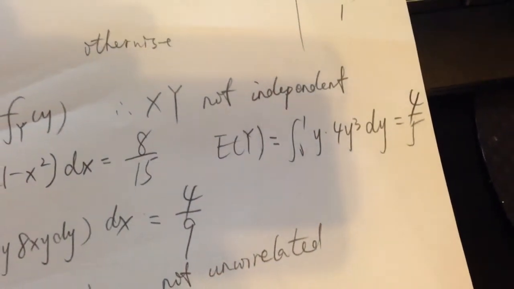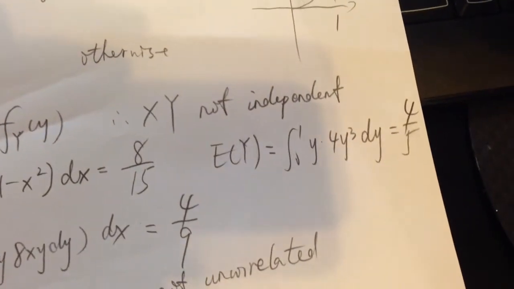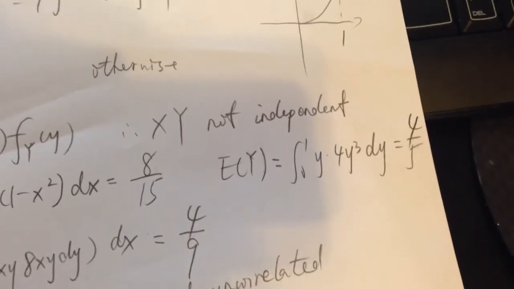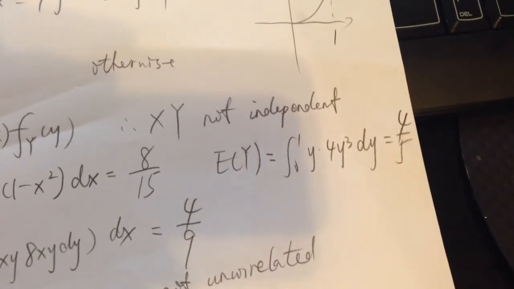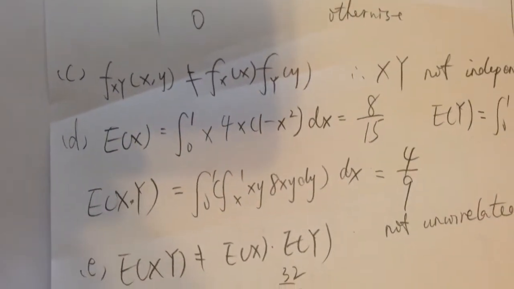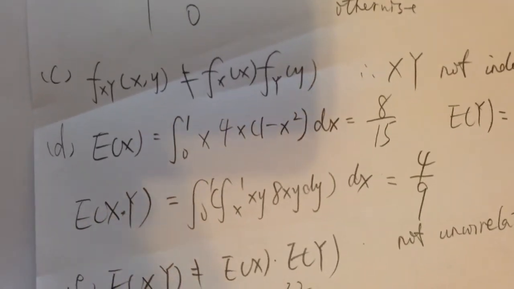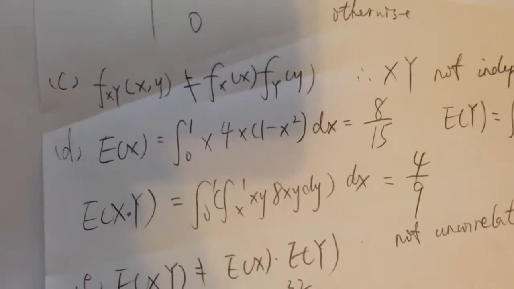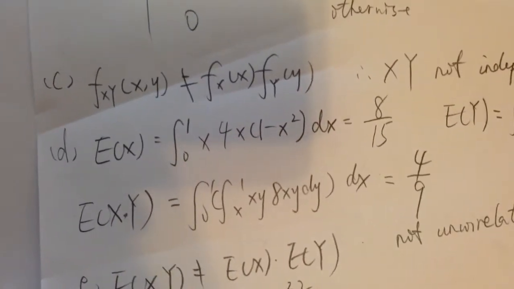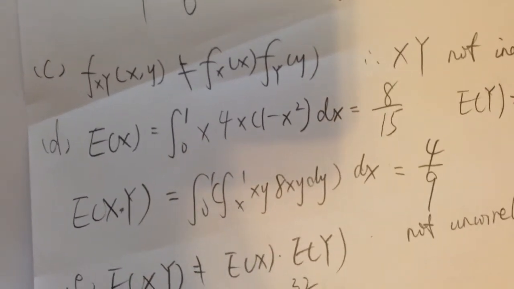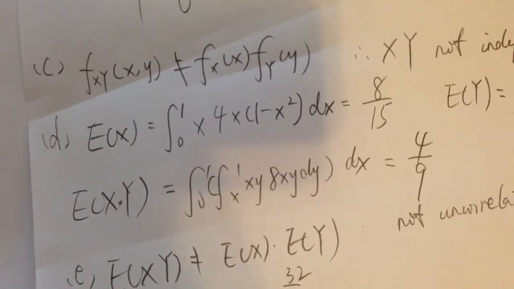And similarly, the expectation of y, we need to integrate y times f_Y(y). So here we get the answer 4/5. And similarly, the expectation of x times y is equal to the double integral of xy times f_XY(x, y). So we get the answer 4/9.